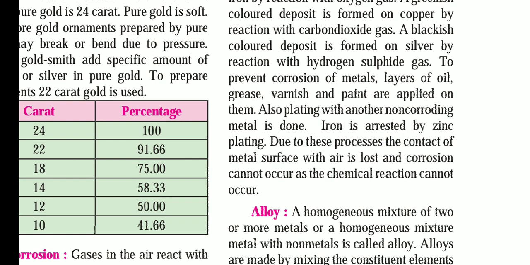Now what is given? To prevent corrosion of metal, layers of oil, grease, varnish and paint are applied on them. Okay, for preventing corrosion we made some uses. Before, if a metal is there, on the metal we apply layers of oil or grease.